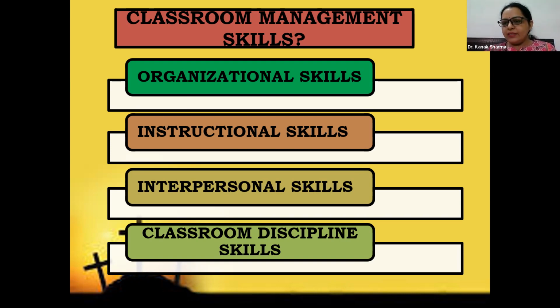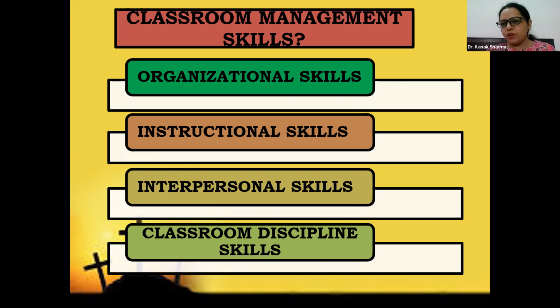When you become autocratic, saying no, you have to do this, you have to do that, and you are the one who decides the routines and rules for your classroom, and they have to follow, then definitely there will be some issues. So you should have organizational skills, instructional skills, what kind of strategies and techniques you adopt during your classroom teaching, interpersonal skills, how and where you have to communicate and how you can build trust and a good relationship with your students, and classroom discipline skills.